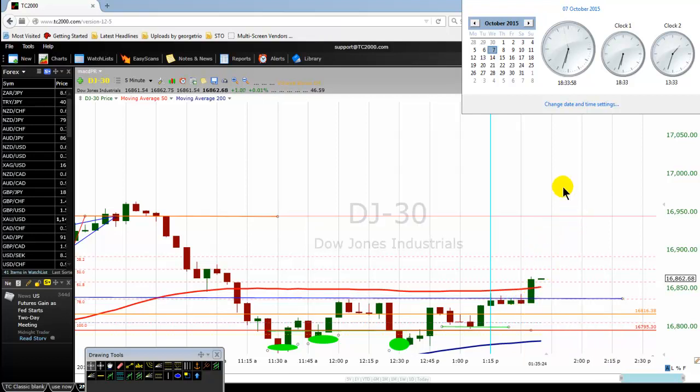So, I will not be too greedy on this occasion because of the time of the day. So I will not wait until it reaches this level before I take my profit. The minimum that I want to take out of this trade is 50 pip.